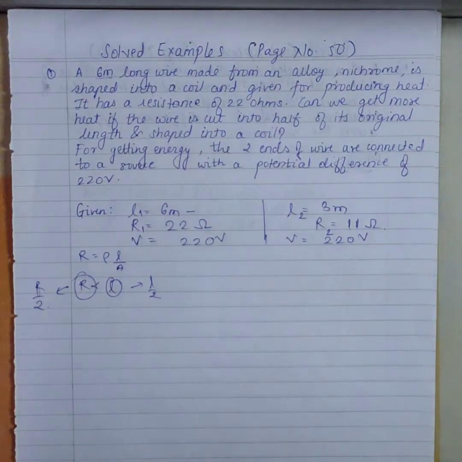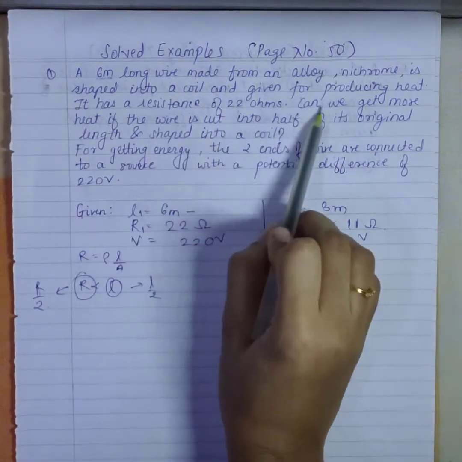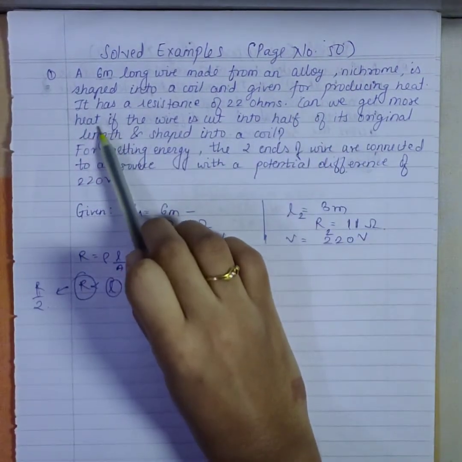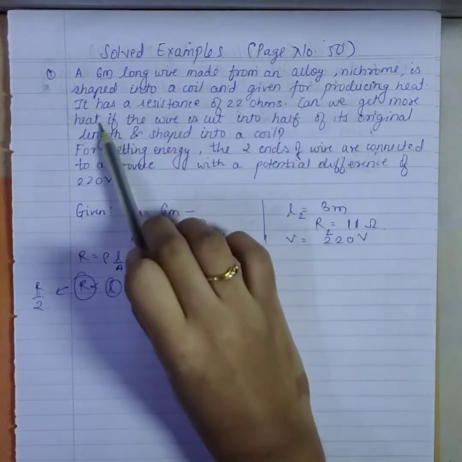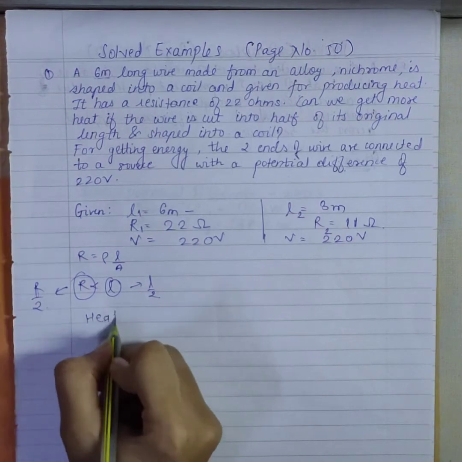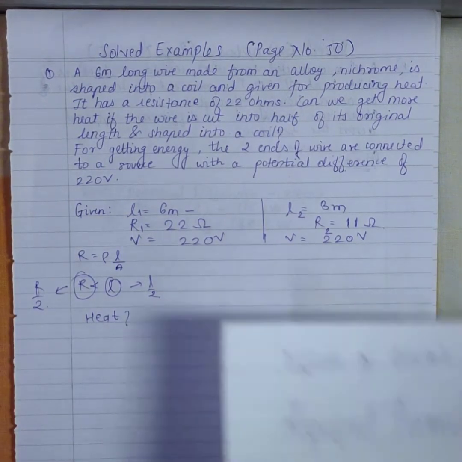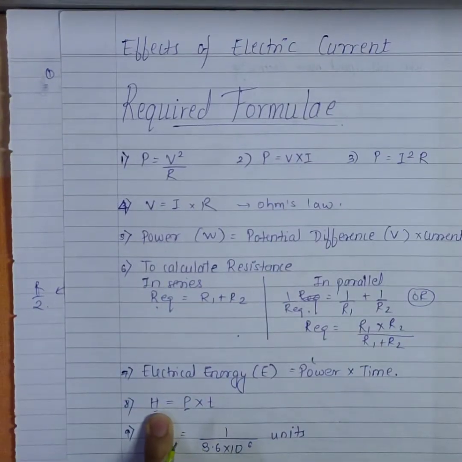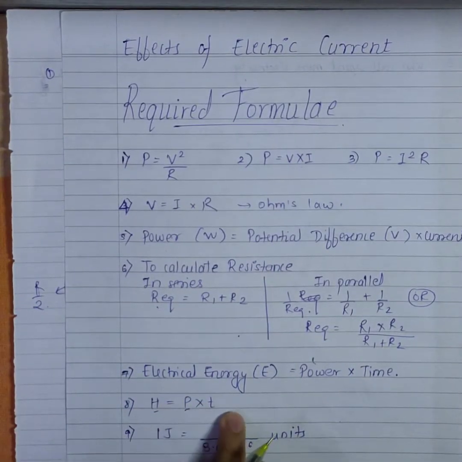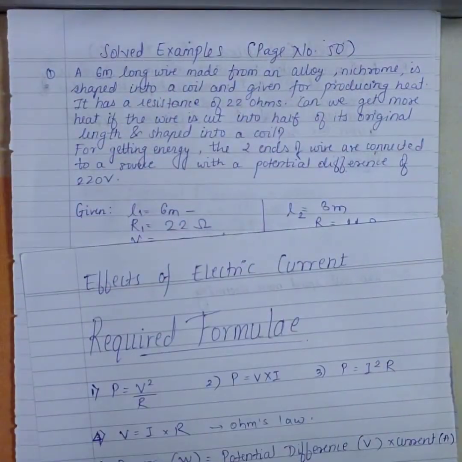Now what have they asked you to calculate? Can we get more heat? Now they have asked you to calculate heat. So what is heat? To calculate heat, you know the formula for heat says H is equal to P into T. Now have they given anything related to time here?